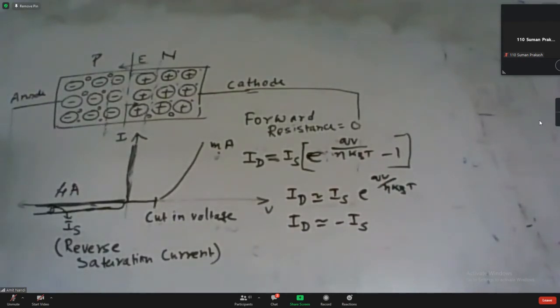Now, if we use the diode in different circuits, we already know from circuit theory that if we apply Thevenin's theorem, Norton's theorem or the superposition theorem, all these electrical theorems can basically be applied only to linear components.